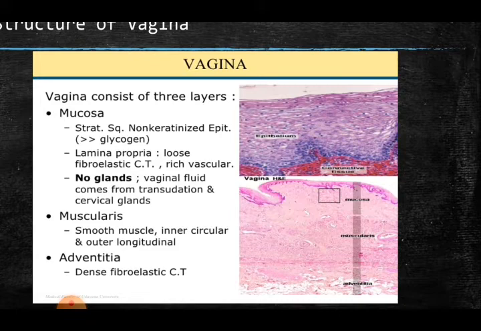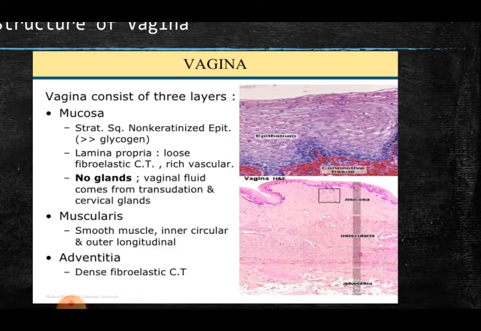So another important point here to remember is that between the puberty and the menopause, there is a bacteria that secretes the lactic acid to maintain the pH of the vagina between 4.5 and 3.5. And this acidity basically inhibits the growth of other microorganisms that can enter the vagina from the perineum and during the sexual intercourse.